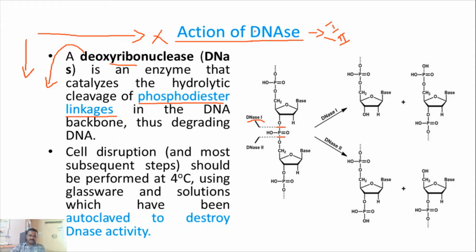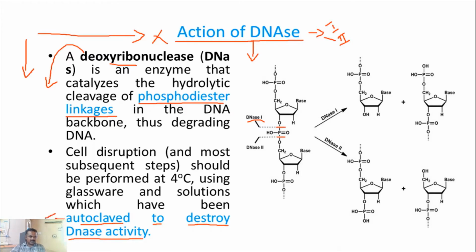So how do we inactivate the DNase enzyme? We can do it in two important ways. One is we can autoclave the buffer, the solution, the glassware and other apparatus used in the isolation of genomic DNA.